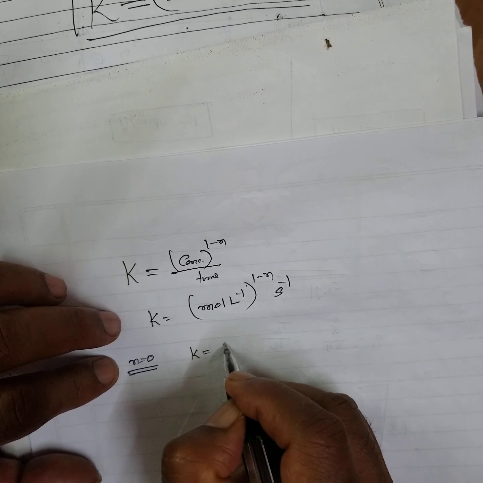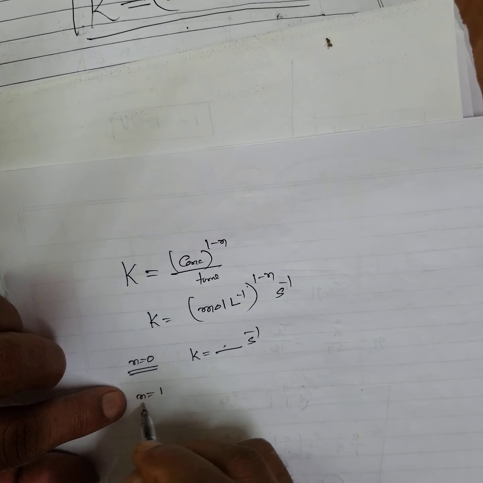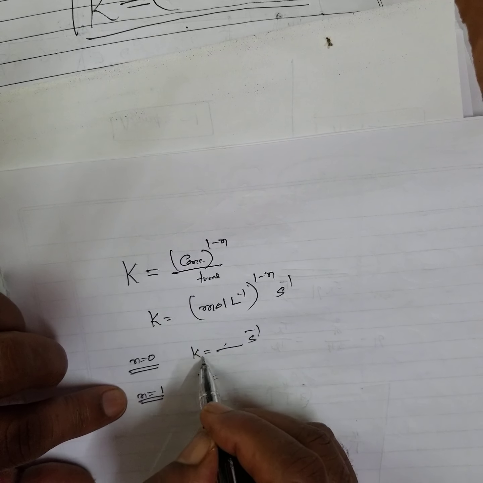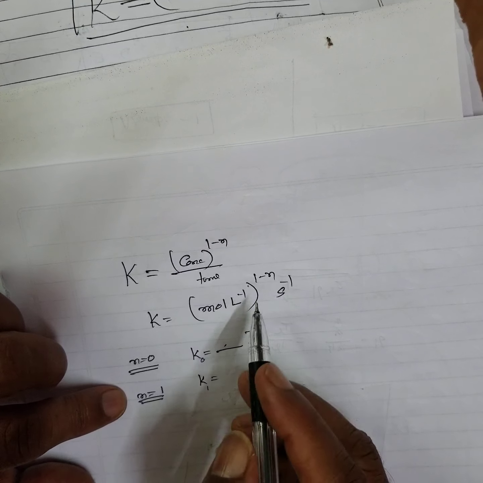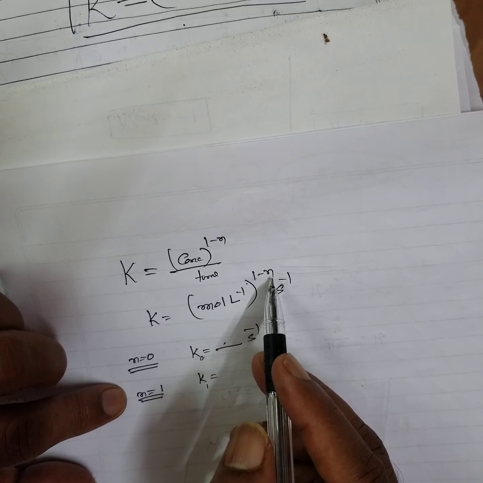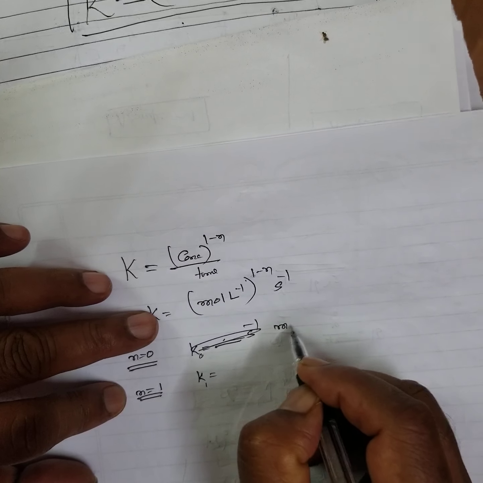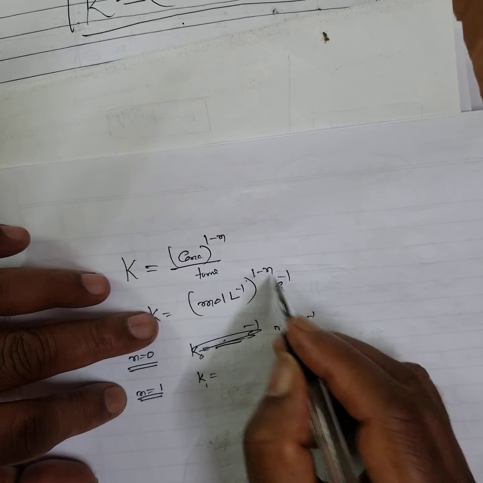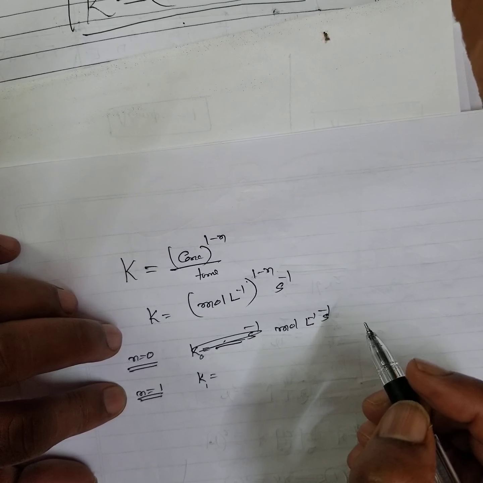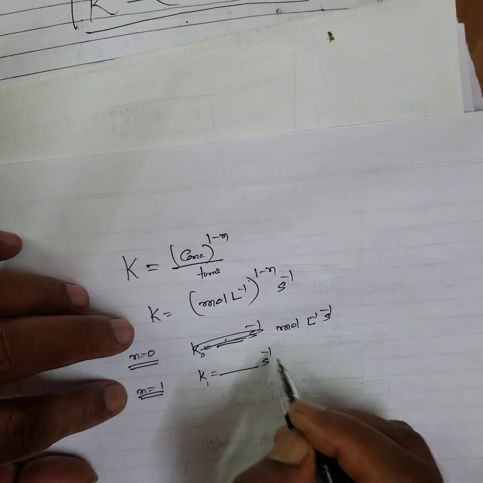If n is equal to 1, it is a first order reaction. In that case 1 minus 1 is 0. For zero order reaction, what do you get? Mole per liter per second. And for first order reaction, per second.